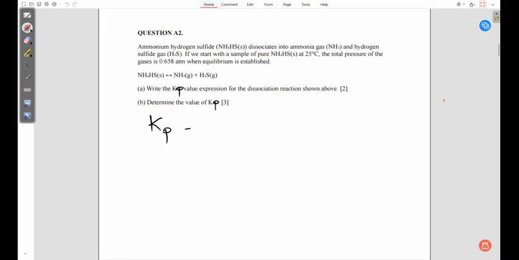For the K expression, please note that only gases and aqueous states are used when they are the only ones that appear. In this case we have gas and gas, right? So the pressure of the products, the first one being ammonia.